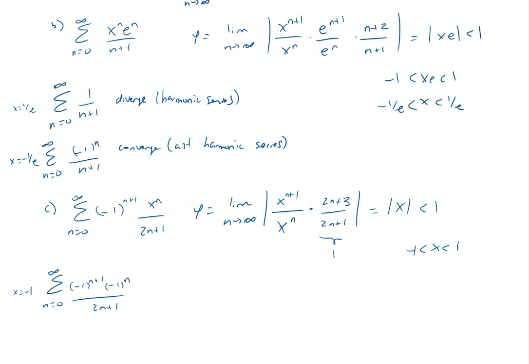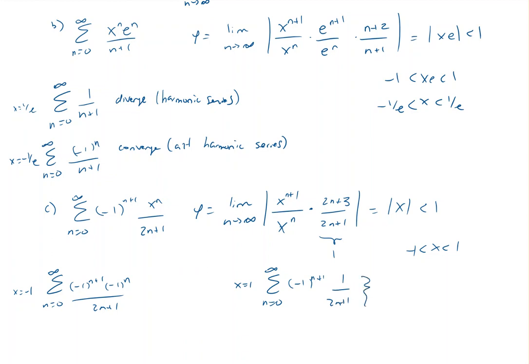This is the endpoint, x equals negative 1. For x equals 1, it's actually a little cleaner, because you just get a 1 here, so literally this stays here. And this is going to converge by the alternating series test.